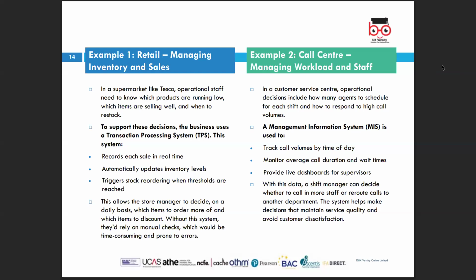To support this decision, the business is going to use transaction processing systems. These systems help them record each sale in real time, automatically update inventory levels, trigger stock reordering, and also allow the store manager to decide on a daily basis.